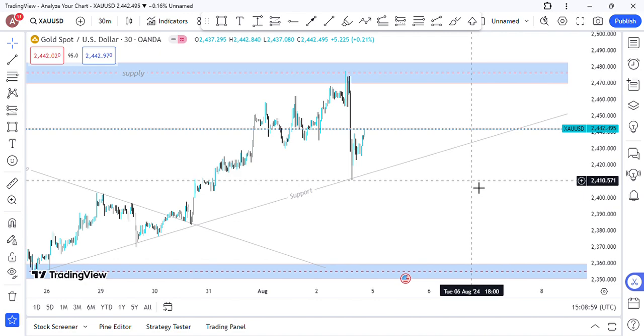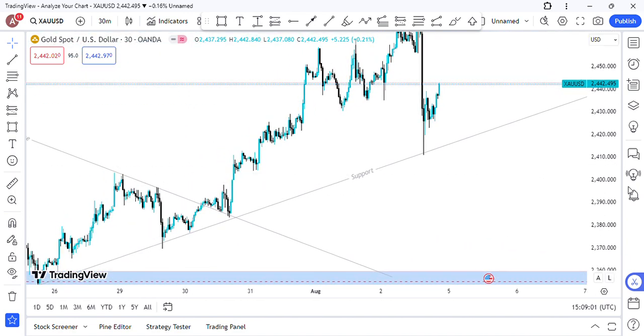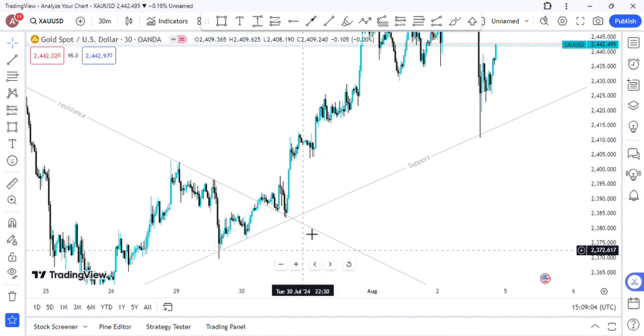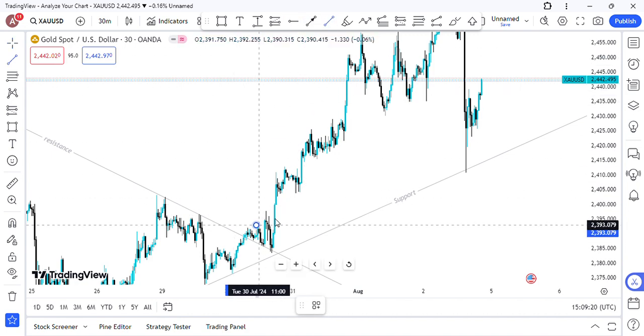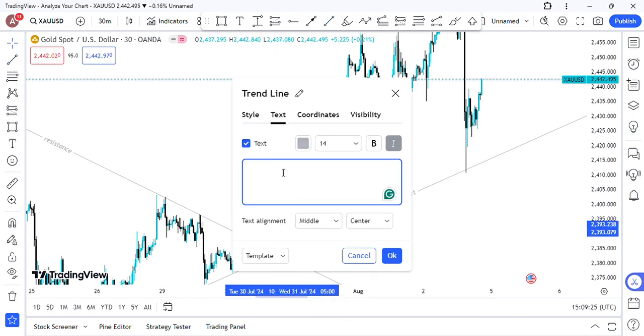So let's dive into it. This is where the chart began. We're only having a recap here. Some of the keywords I also made mention of are the order block and the fair value gaps. Now you realize that this is a high, and we expect that when price breaks through this high, it should continue to the upside.